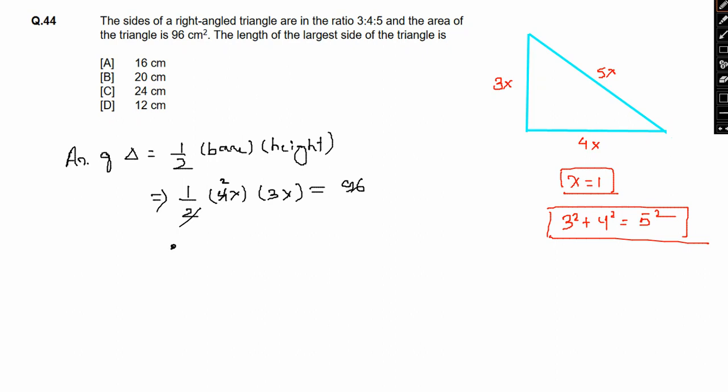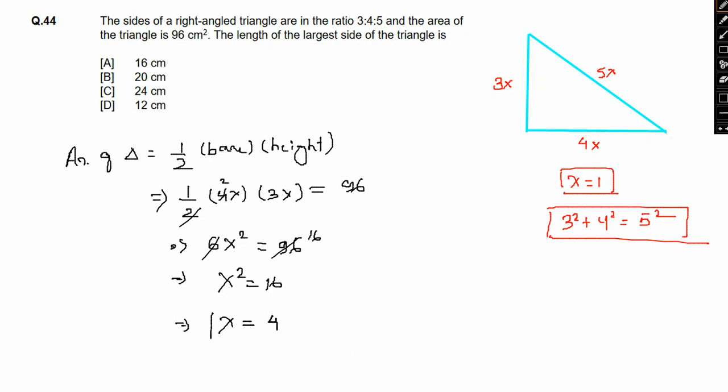So 6x square is 96, so we know it's 16, so x squared is equal to 16. Therefore x is equal to 4.